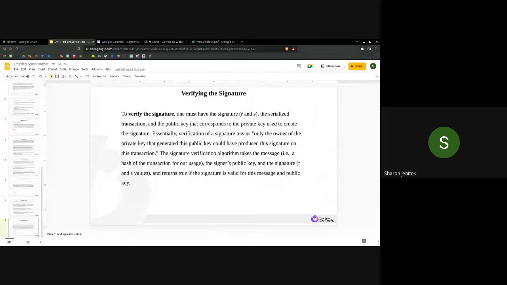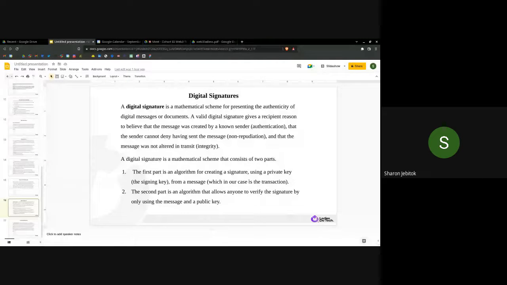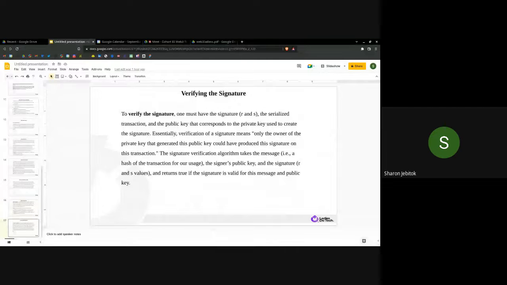Now, of these two parts, the first one is creating the signature, and the other one is for verifying the signature. So now let's see verifying the signature. To verify the signature, one must have the signature.